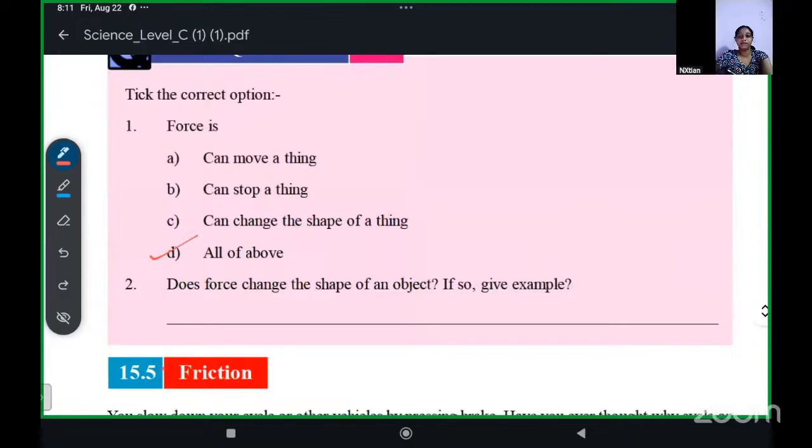Okay. Abraham, can you give an example of how force can change the shape of an object? Ma'am, suppose I have a dough. Let's say somebody is making rotis. They have this big lump of dough.